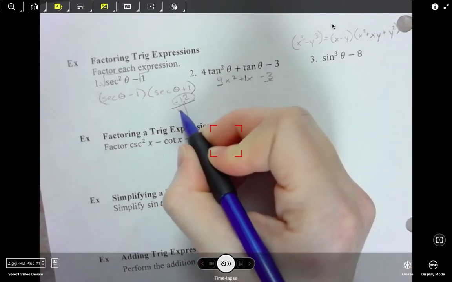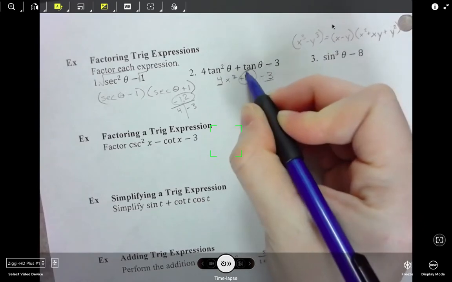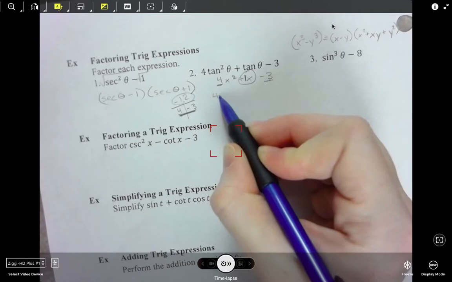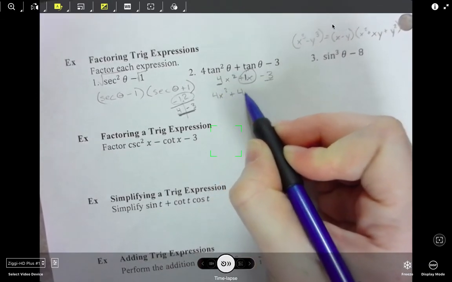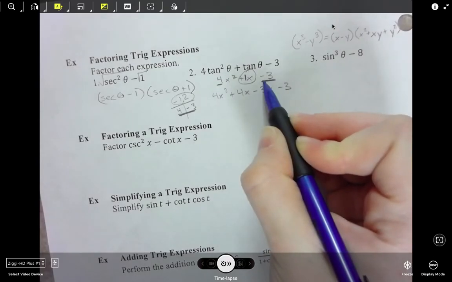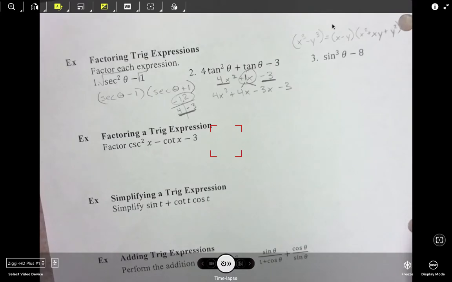And that's going to be 4 and negative 3. So I write this middle term as the two pieces 4 and negative 3. So I've got 4x squared plus 4x minus 3x minus 3. I left this guy alone, I left this guy alone, and then this 1x I broke down into 4x and minus 3x.